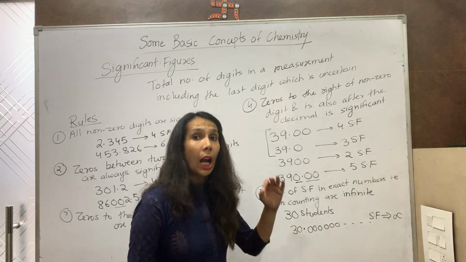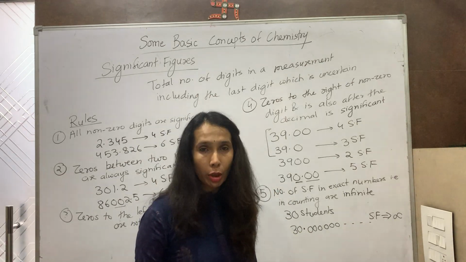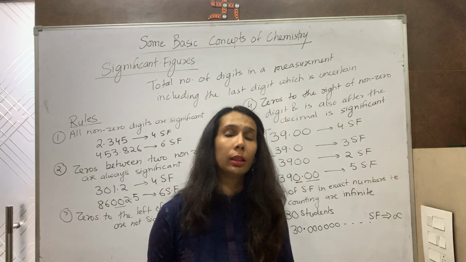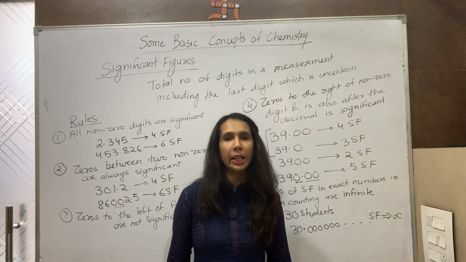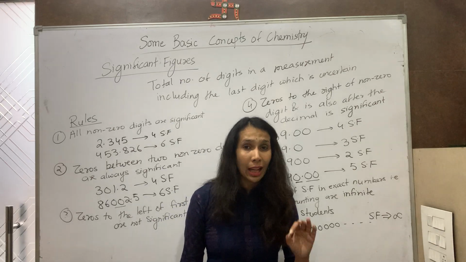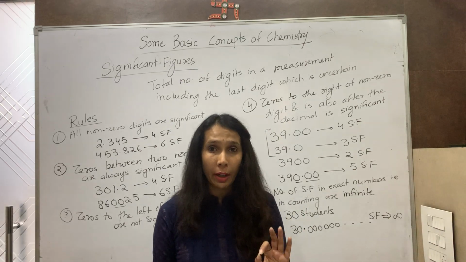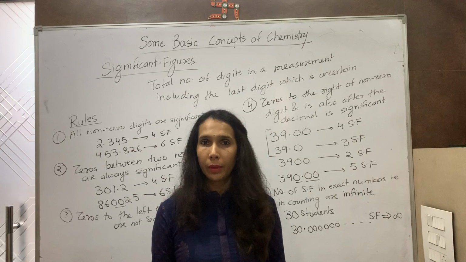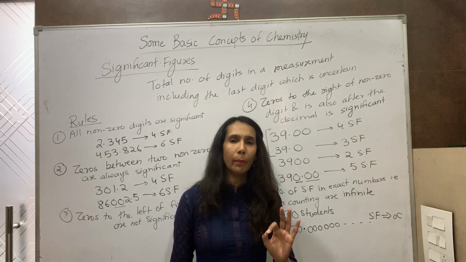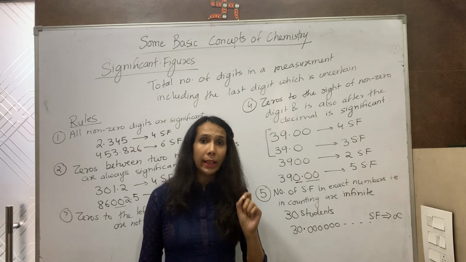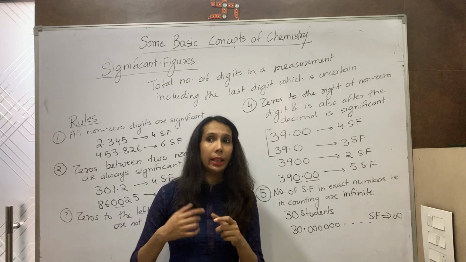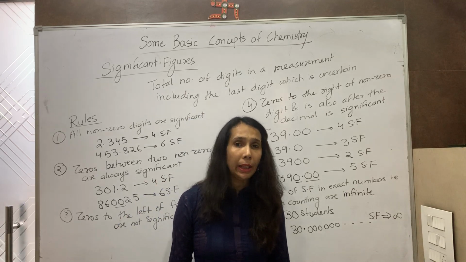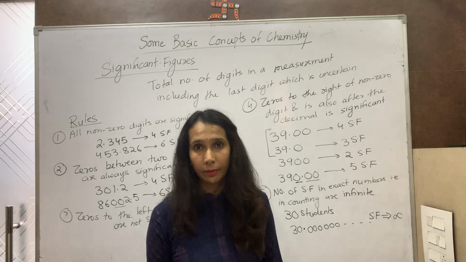Clear? Again, any counting. Suppose I say I have got 10 chairs. Maybe one of the chairs is broken. So do you count it 9.5 chair? Do we count it? No. We will count it as exact number 10. So when it is an exact number, counting, then the number of significant figures will be infinite.